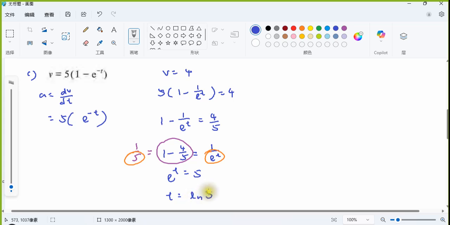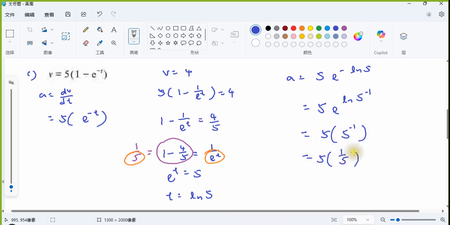We take ln of both sides, so t will be ln 5. So a will be 5e to the power negative ln 5, which is 5 times 5 to the power negative 1, which is 5 times 1 over 5, then 1. So the answer will be 1.